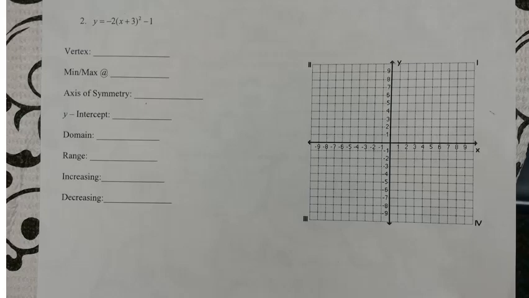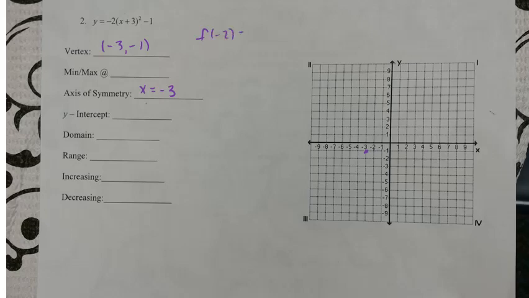Okay, question 2 is going to be in vertex form. So the vertex part of this will be easy. It will be negative 3, negative 1, with an axis of symmetry of x equals negative 3. So let's start there, negative 3, negative 1. We need to pick a point, so let's pick, I guess, negative 2.